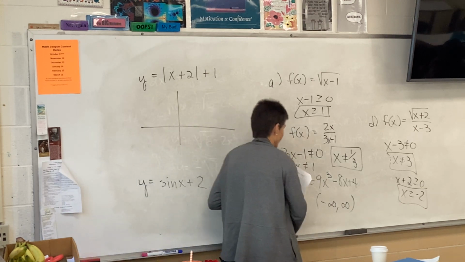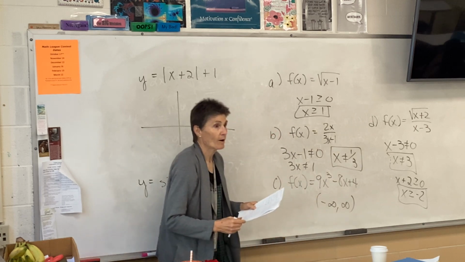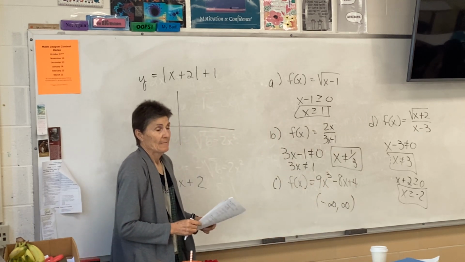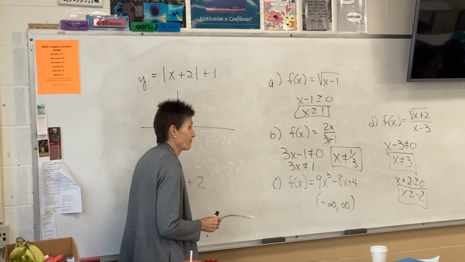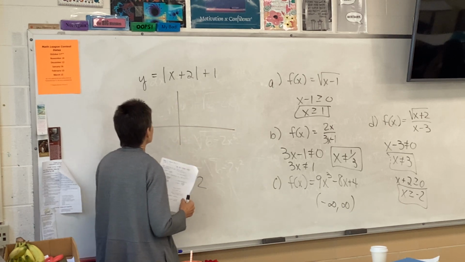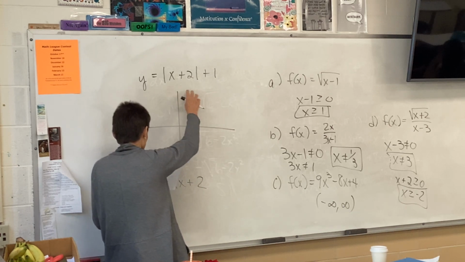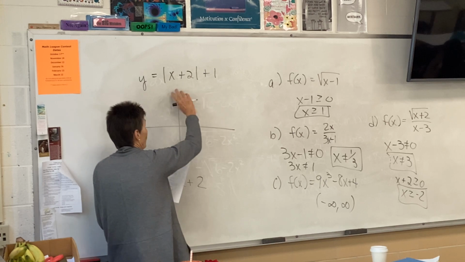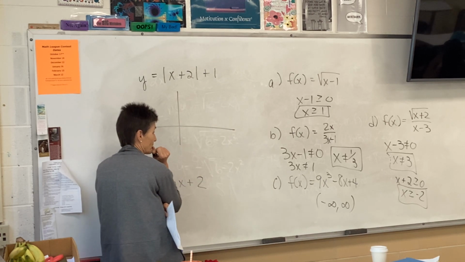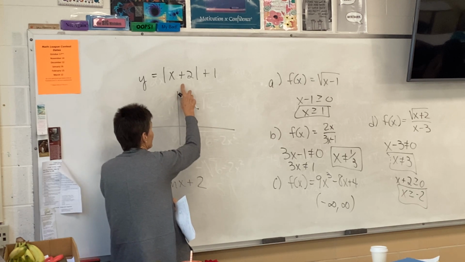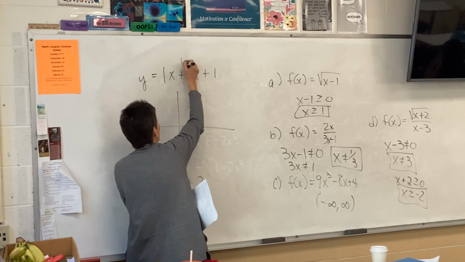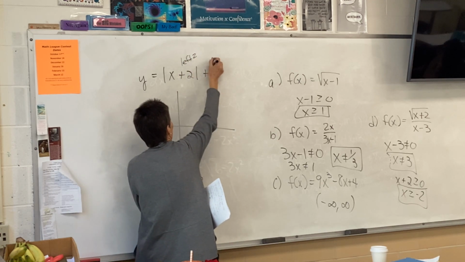Okay. Ready to move on to the graphs now? All right, here we go. First one says sketch this. What shape is this going to be? Letter A, 4A will be what kind of a shape? Gonna be a V. And how is it gonna be moved? Left 2, up 1.